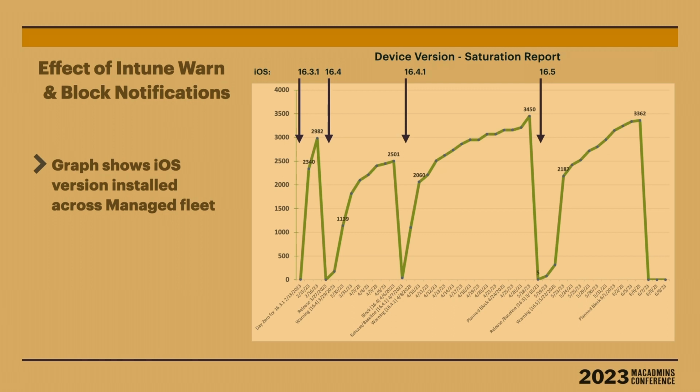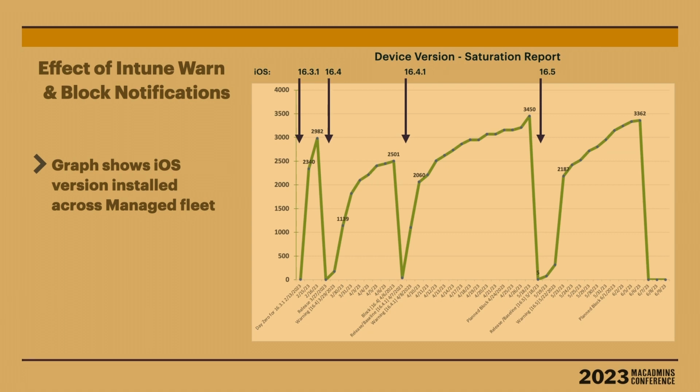from February 13th to the 15th, so 2 days, we had 2,982 out of 3,800 devices patched. That's unheard of for us, and for most organizations, I think, because, hey, update your iOS, yeah, whatever.